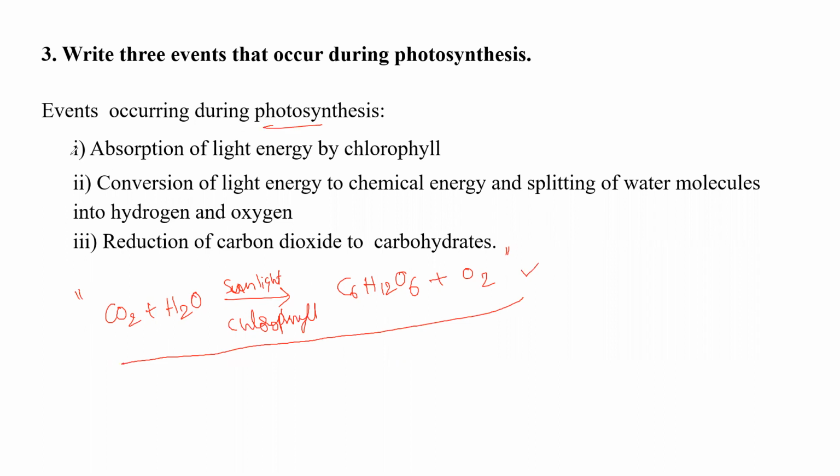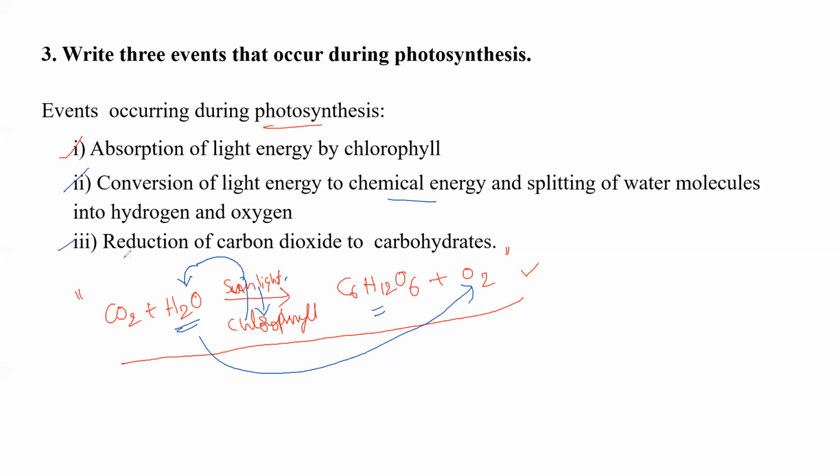Let's see the events. First event is the absorption of light energy by chlorophyll. Chlorophyll is going to absorb light energy. Second is conversion of light energy to chemical energy, and that chemical energy helps to split the water molecule into oxygen and hydrogen.